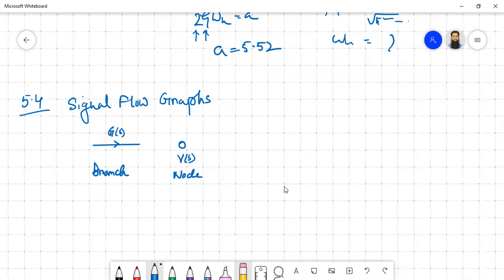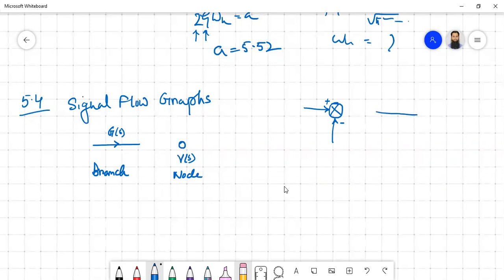Now let's say we have a system something like this. What about the summing junction? If you have a summing junction, definitely you will have signs associated with it. So we have say plus, we have minus. This plus and minus will actually go to the branch.